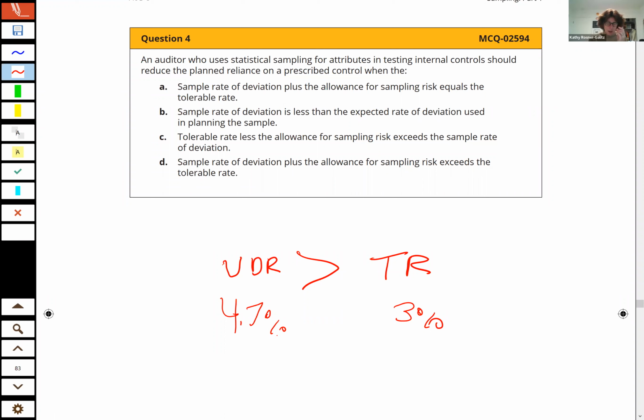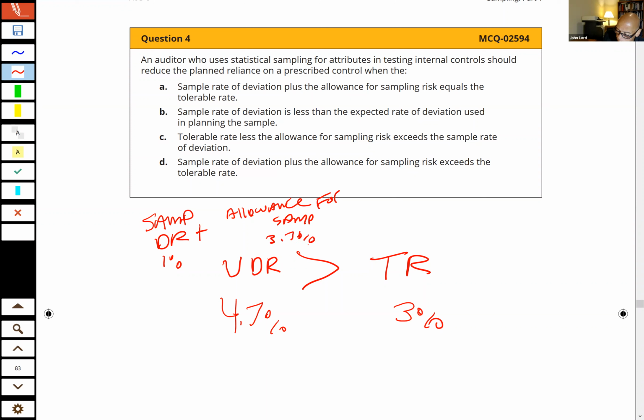Okay. How do you calculate upper deviation rate? That's the sample deviation rate plus the allowance for sampling risk. Good. The sample deviation rate (DR is deviation rate) of 1% plus the allowance for sampling risk of 3.7% is how we got an upper deviation rate of 4.7%, and that was more than the tolerable deviation rate.